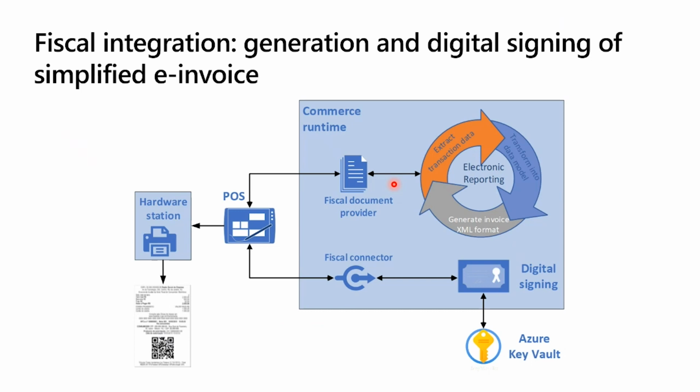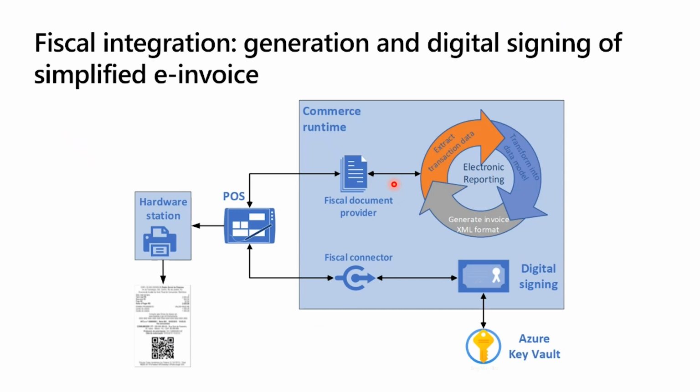So the fiscal document provider for Saudi Arabia basically calls the electronic reporting runtime and uses some configurations to generate the electronic invoice or simplified electronic invoice in the XML format. And then this simplified electronic invoice is passed to the fiscal connector for Saudi Arabia, which is again a piece of code that calculates the hash, right?